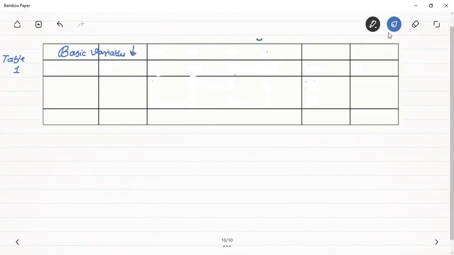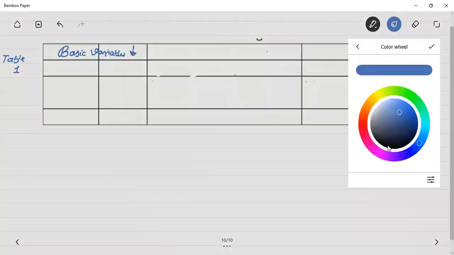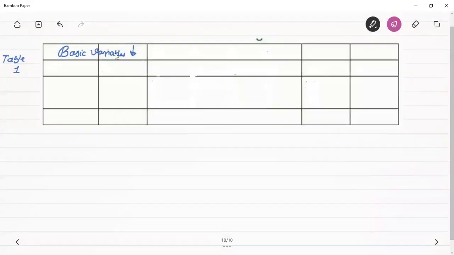So first of all, what will we write here is: what are the basic variables? Therefore, this is xb. Xb represents which are the basic variables. Okay, b will have the values 1, 2, 3 or 4, depending upon what we use as the basic variables. And if you remember, yesterday I said that we start the simplex solution by assuming the slack variables to be the basic variables.